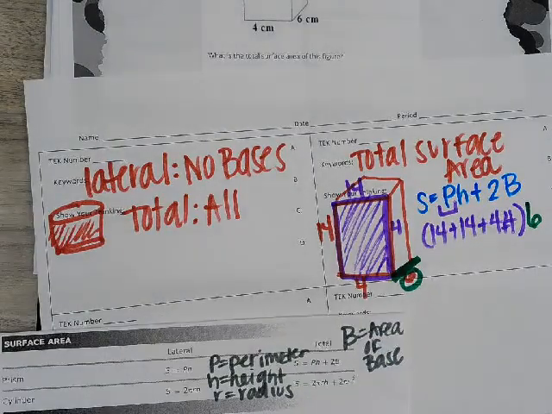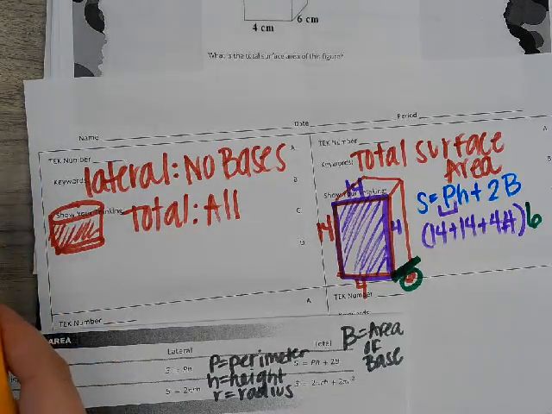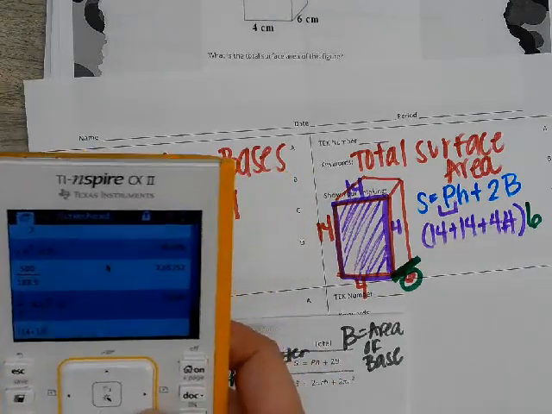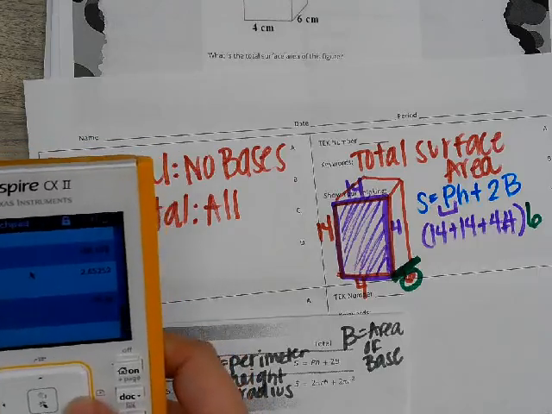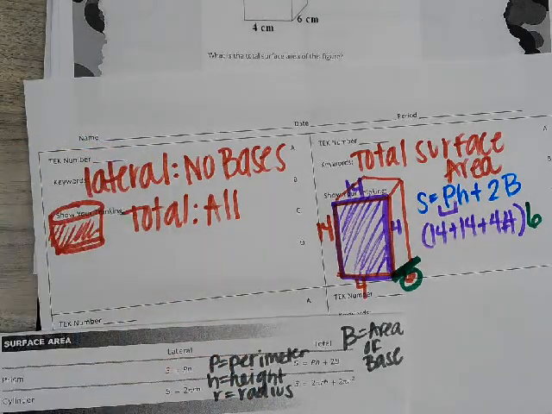So let's go ahead and solve. So 14 plus 14 plus 4 plus 4 times 6. That's going to get me 216.